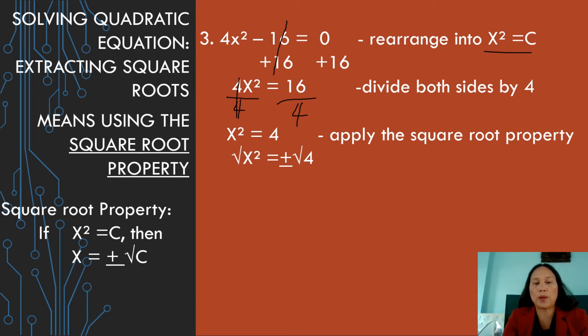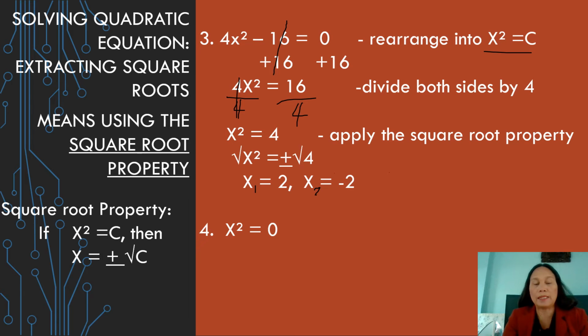We have square root of x squared is equal to positive and negative square root of 4. And what is square root of 4? 2. So we have x is equal to positive 2 and x is equal to negative 2. So again, in this case, we have two real solutions.